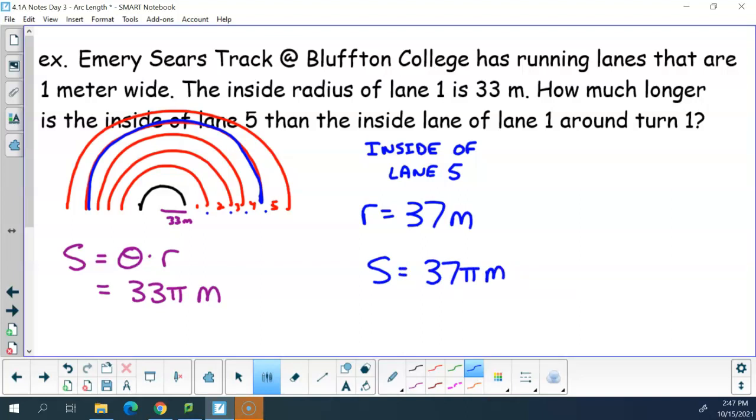So you guys basically said that the inside of lane 5, which is the outside of lane 4, has a radius of 37 meters. Correct. Which means that the arc length of that lane marker is 37 pi meters long. So how much longer is that arc length?